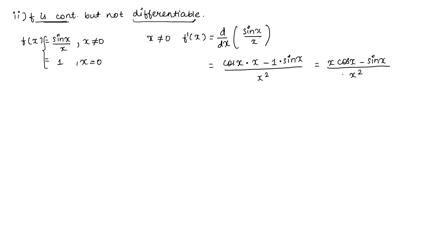So clearly the function is differentiable at all the points where x is not equal to 0. If x is equal to 0, we have to analyze whether the function is differentiable or not.